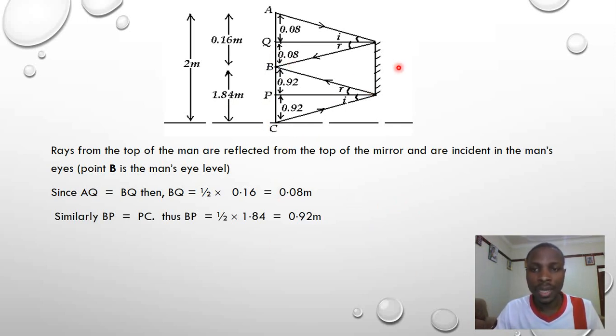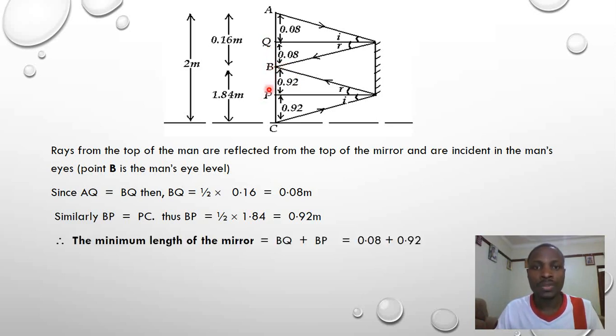Now, the length of this plane mirror is going to be given by the distance QP, which is going to be QB plus BP, which is 0.08 plus 0.92 meters.